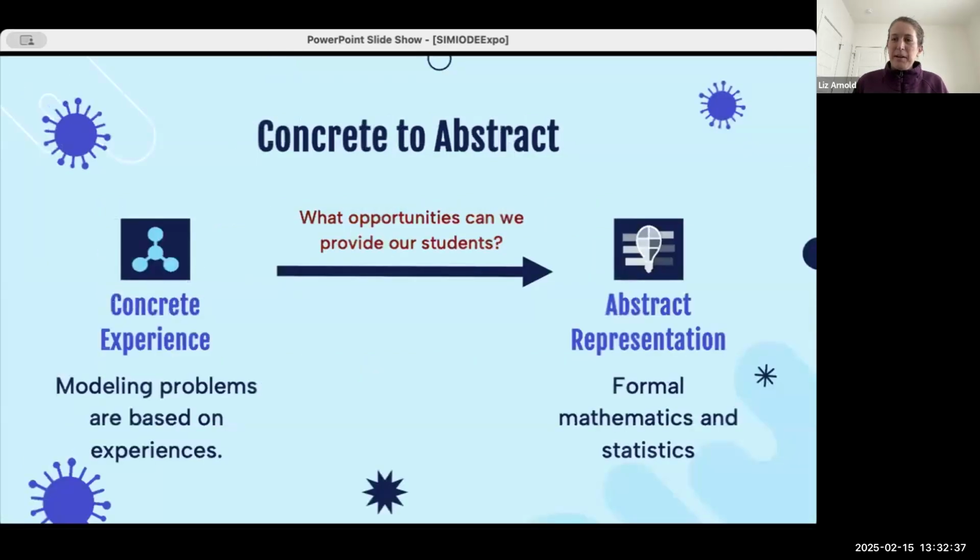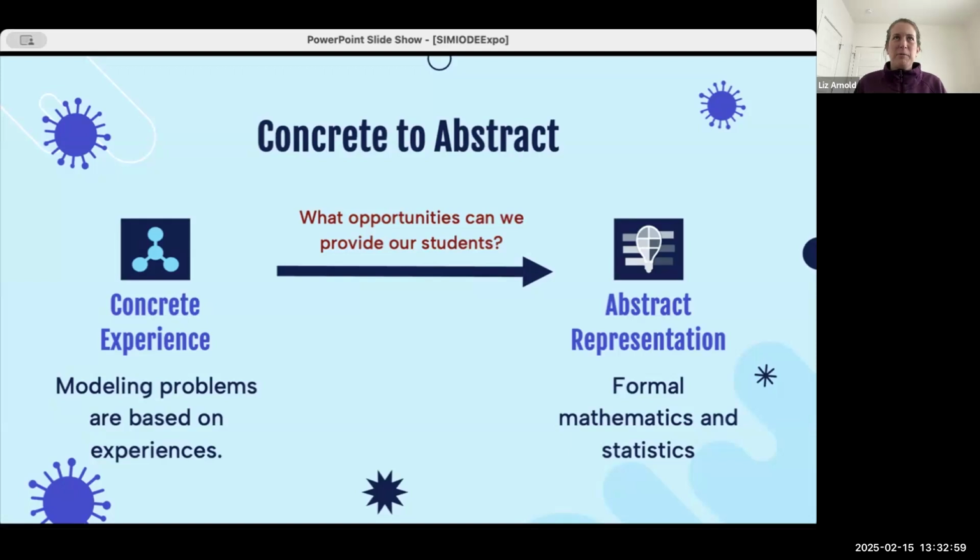When we started to think about this, we really relied on what educational psychologists have said over the years, that it is helpful to take some concrete experience and use that to transition to the abstract representation. In mathematical modeling, all the problems that we do are really based on some kind of experience.